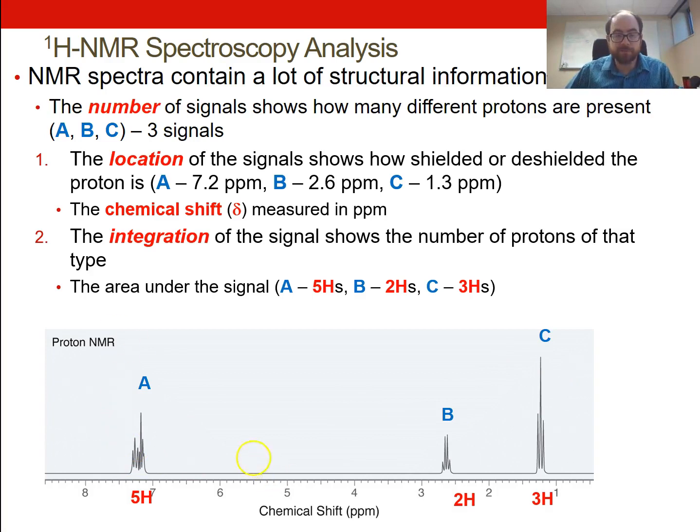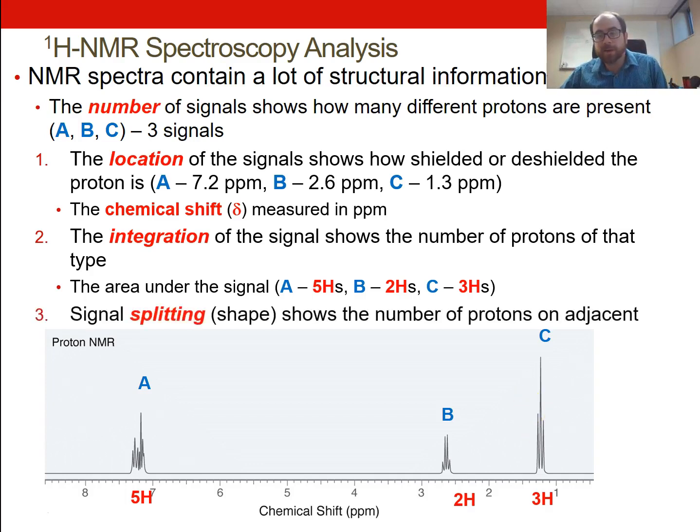For signal A in our spectrum, there are 5 protons, or 5 hydrogens. For signal B, there are going to be 2 hydrogens, and for signal C, there will be 3 hydrogens. We're not necessarily going to have to do the math to solve the area under the curve, but we'll be given some sort of information that can help us to determine the number of hydrogens for those individual signals.